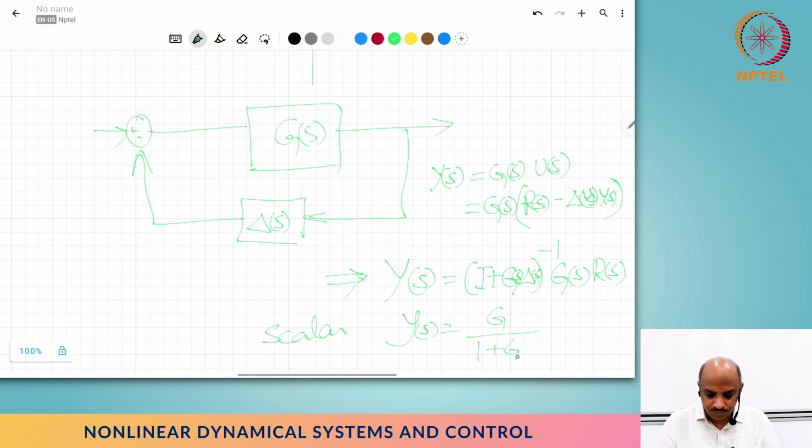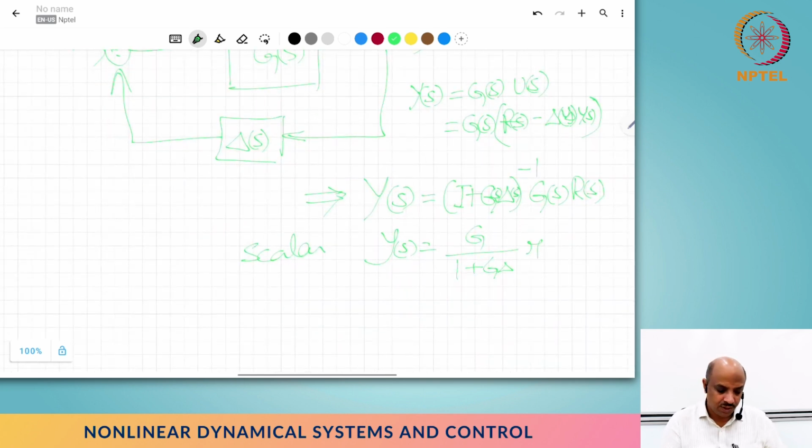And without going into too many details, the problem comes when 1 plus G delta becomes 0, right. Suppose we assume that the system is stable when delta is 0, in which case Y is simply G times R. So how much allowance can we have for delta before the system becomes unstable? That's the question of robust stability, right.